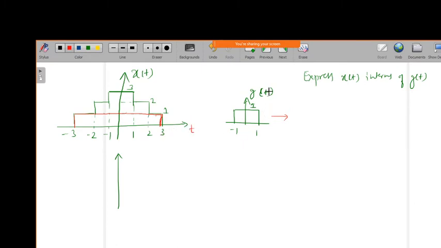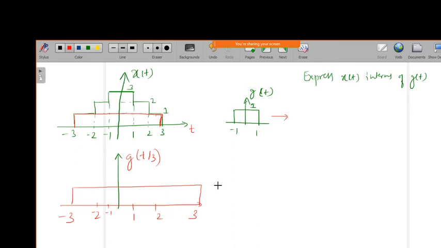If I just do t by 3, what is g of t by 3? It multiplies the width by 3, right? So now if I do g of t by 3, what I will get is this base value, that is -3 to +3. Are you getting what I am telling?